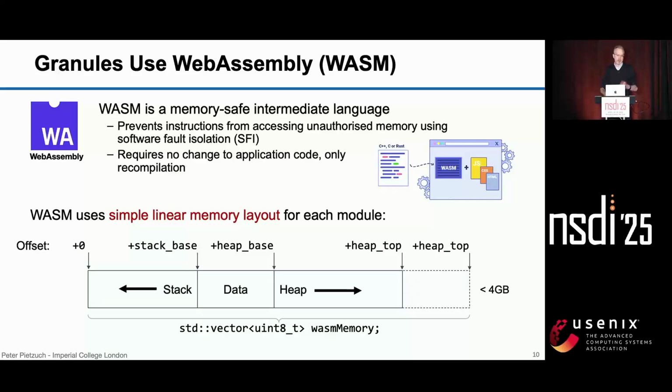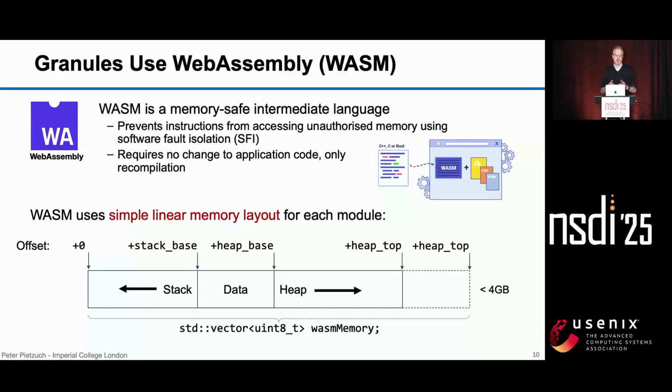The reason why granules use WebAssembly is that it gives us this really simple linear memory layout for the application. Essentially, a WebAssembly module is simply a linear range of memory that contains the stack, the data, and the heap of the computation that is being executed.